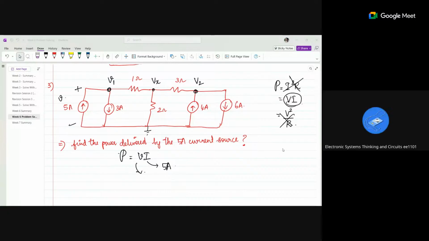Oh, you got V1 as 4? Yes, ma'am. No, V1 is not 4. Is it 2? Yeah, it's 2 volts. Yes, ma'am, I also got it too. Because Vx will be 0, so V1 will be 2.